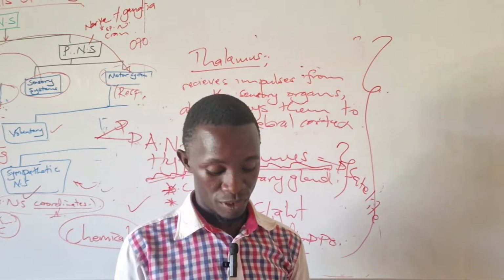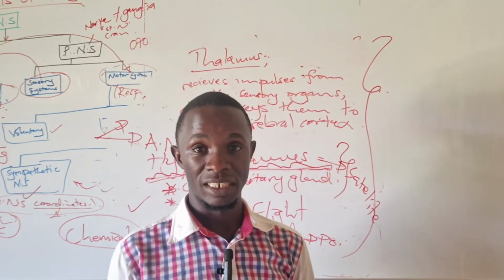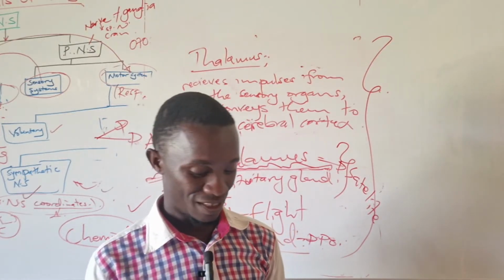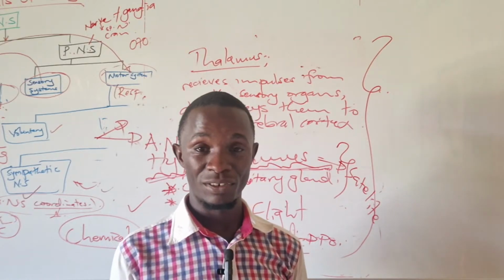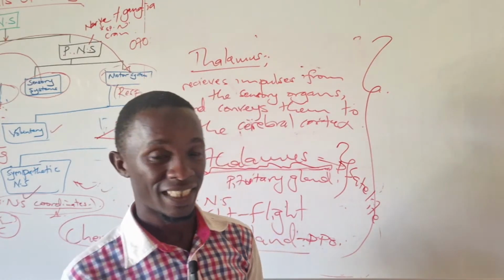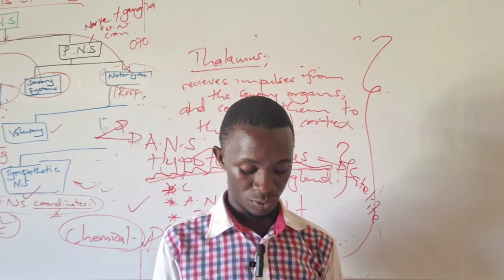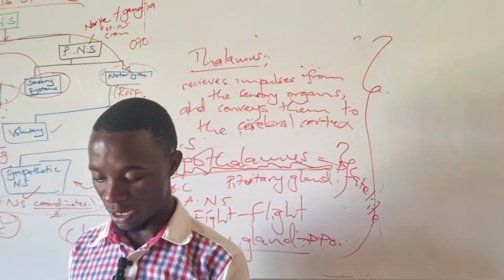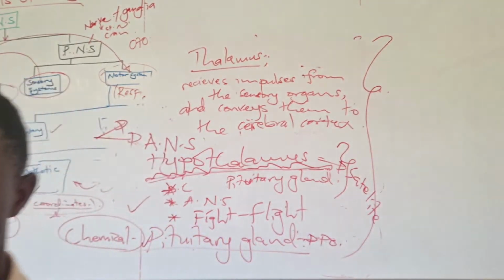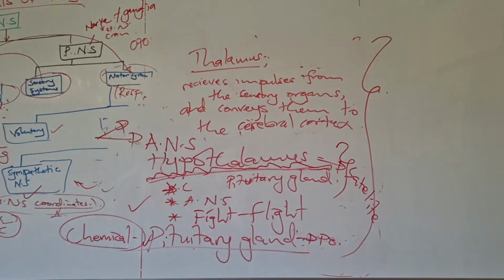It will be the hypothalamus to detect changes in the blood sugar levels. It will be the hypothalamus, or the receptor cells in the hypothalamus, to detect changes in the body temperature and so many others. Kasoma is very right. I think we are good to continue because I don't see any question.